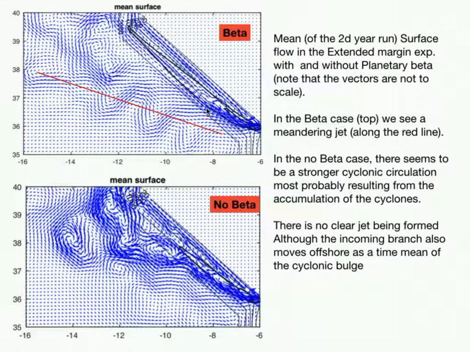Whereas in the central experiment, the case with the beta effect, we have the development of this meandering jet, which I added this line just to mark. And this is clearly away from the strait, so we have this separation.